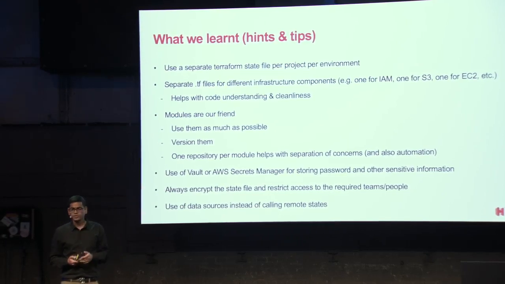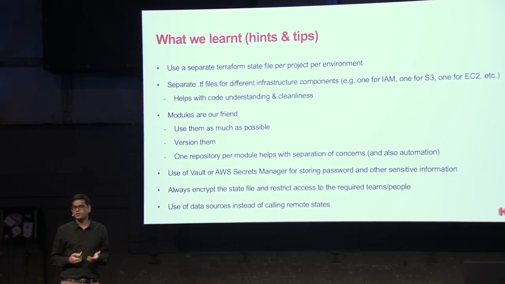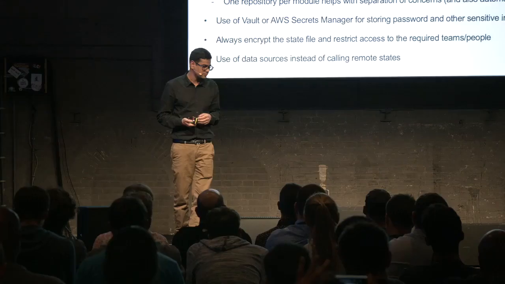Modules. We have learned modules are really good in Terraform. They allow very good code reuse, and they make the code really easy and clean. And we suggest every developer version them so that if you are making incremental changes in the module, you don't break any application code which is using some version of your module.